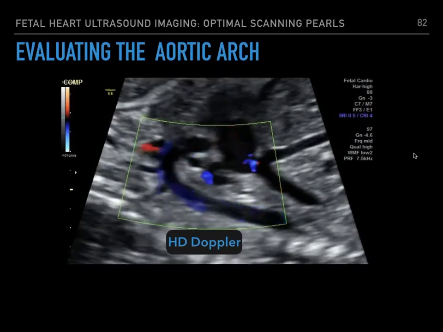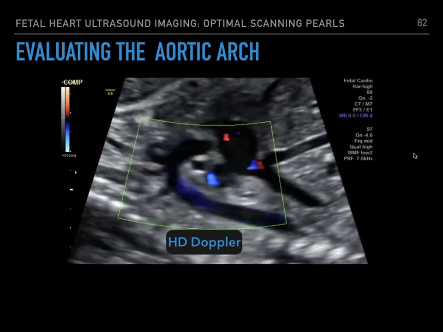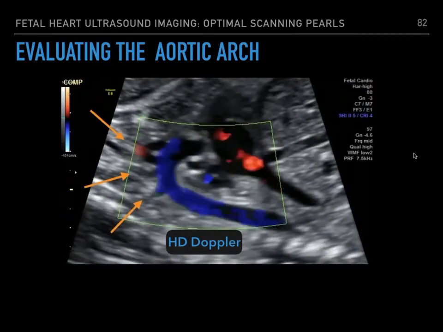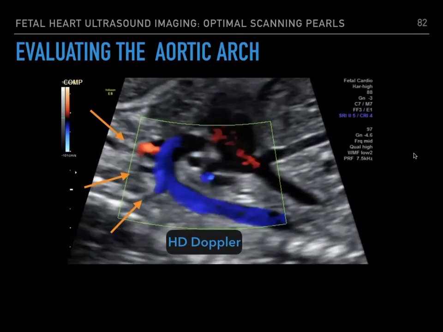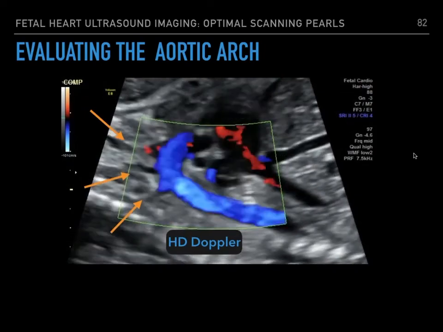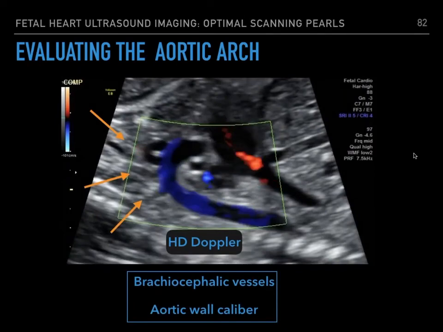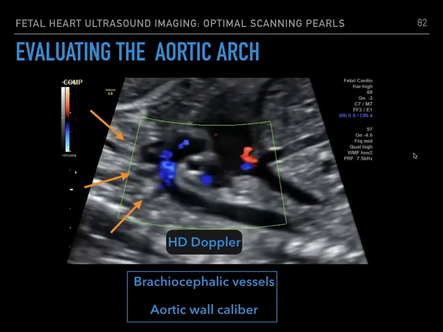High definition Doppler is especially helpful when evaluating the aortic arch. Its sensitivity to small vessels, flow detection irrespective of angle of insonation, and better axial resolution allow us to evaluate, as you can see, the brachiocephalic vessels and aortic wall caliber very nicely for any presence of abnormalities.